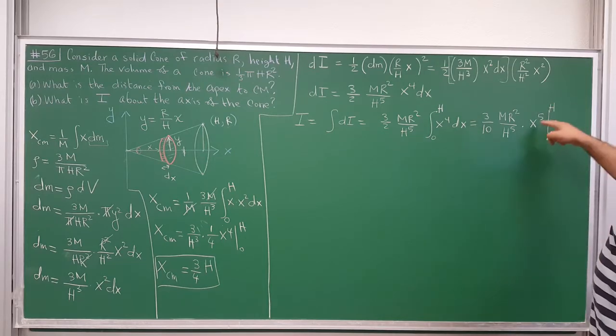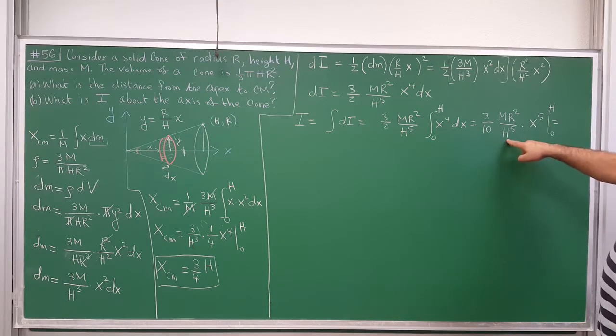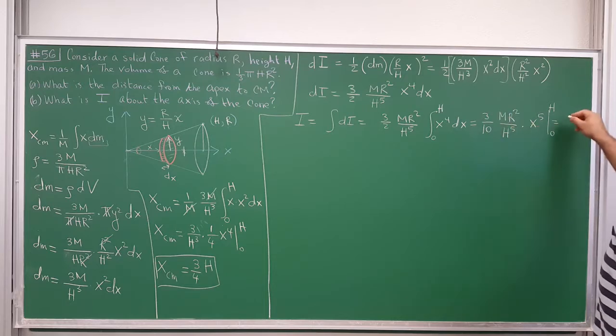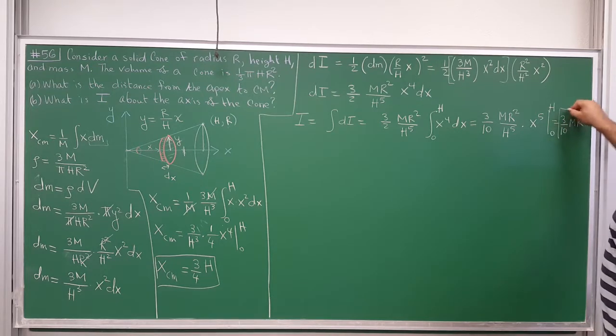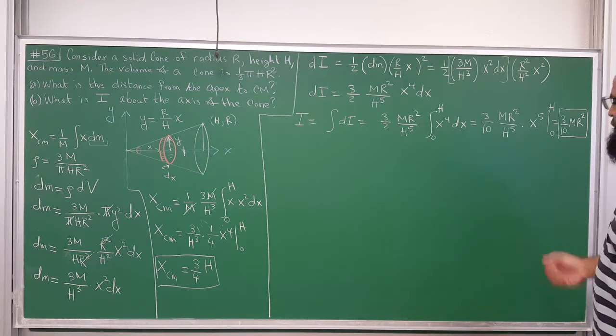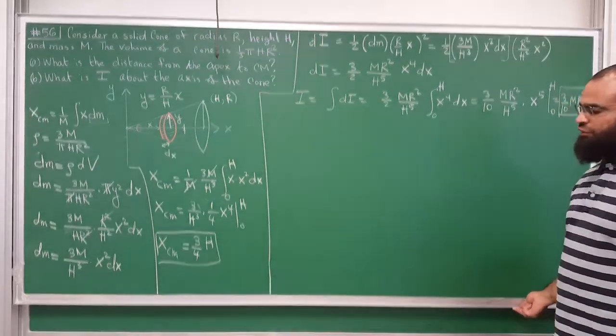So h to the 5th cancels h to the 5th, and you just have 3/10 Mr squared. That's the moment of inertia for a cone about its center. Let's go to the next question.